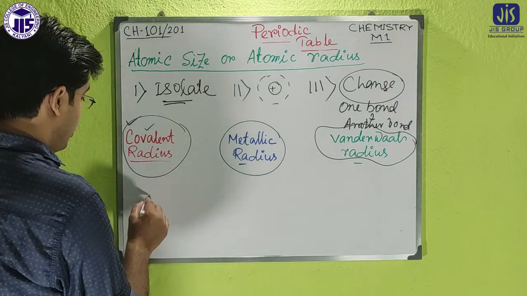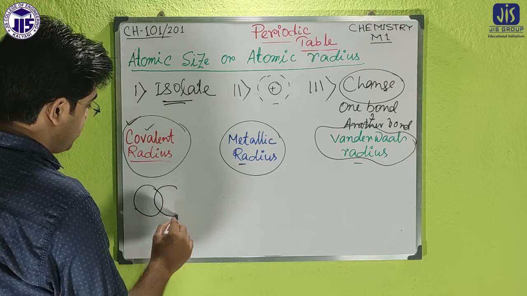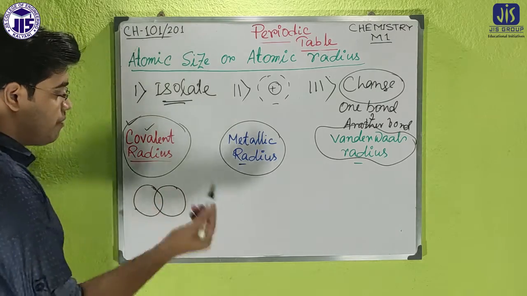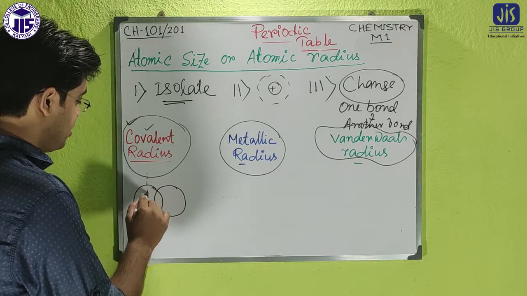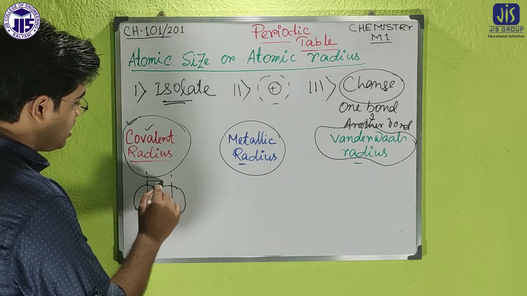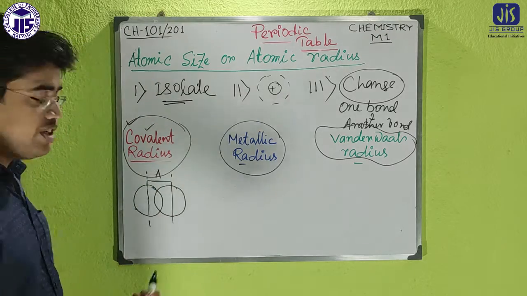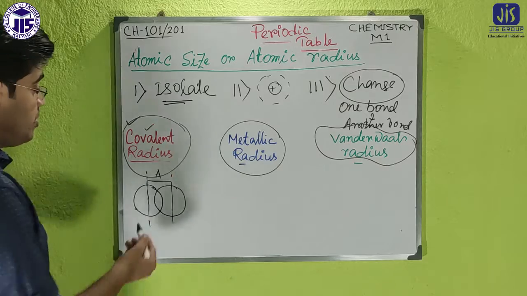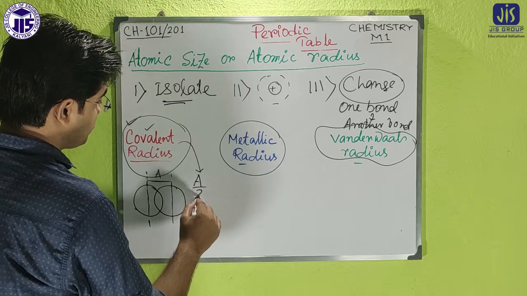Suppose there are two atoms covalently attached to each other. Then the distance between the two nuclei, if we take it as a, the covalent radius will be a by 2.